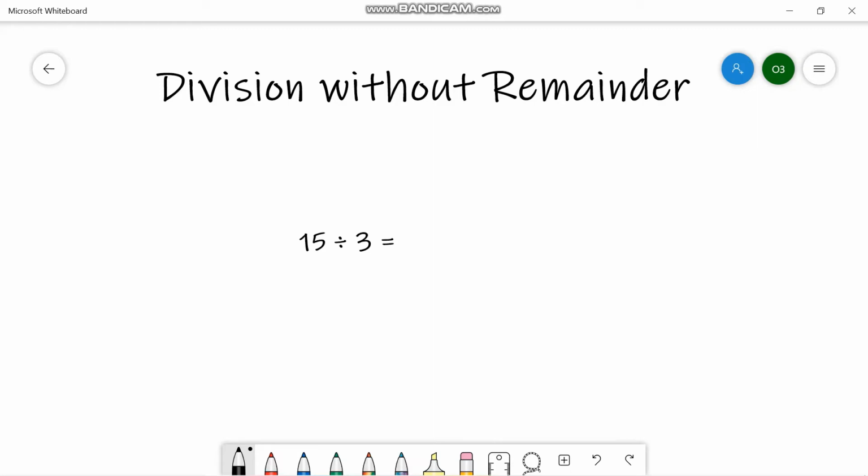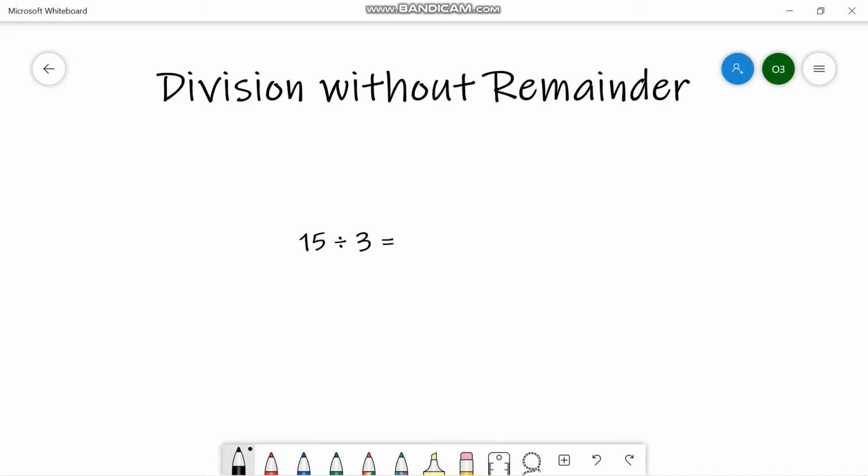So let's try to solve this using our knowledge in multiplication. You know that division and multiplication are inverse operations. So in this equation, 15 divided by 3, you have to think what number you will multiply to 3 to get 15. 3 times what is 15?